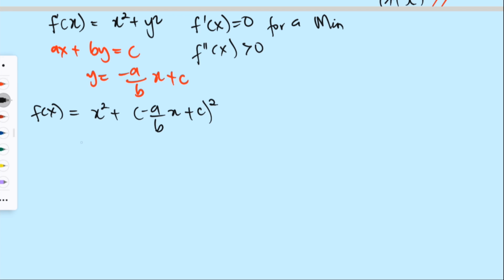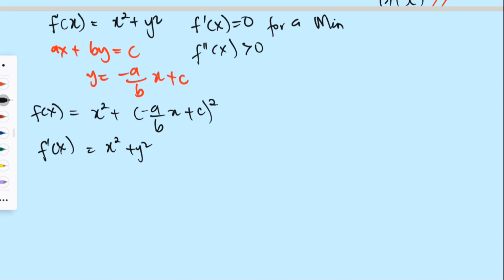Right? So then this, I'm not going to expand that yet, okay? I'm going to try to differentiate this implicitly with respect to x. So we're going to find the derivative of a function implicitly first before I continue, because I don't want it to get bulky before I realize.